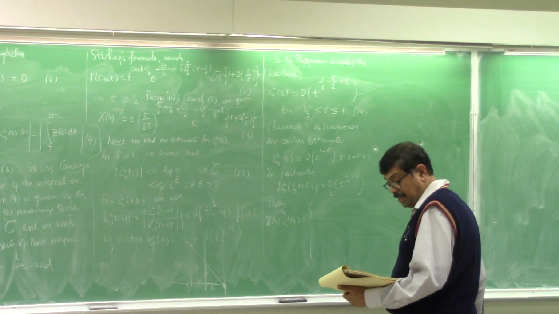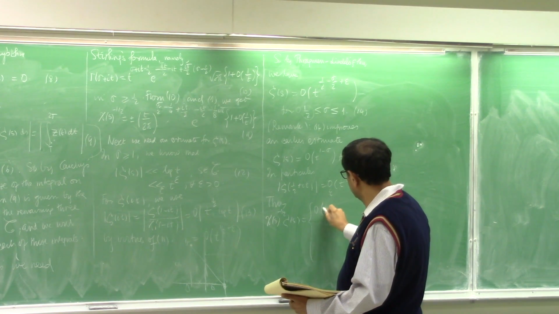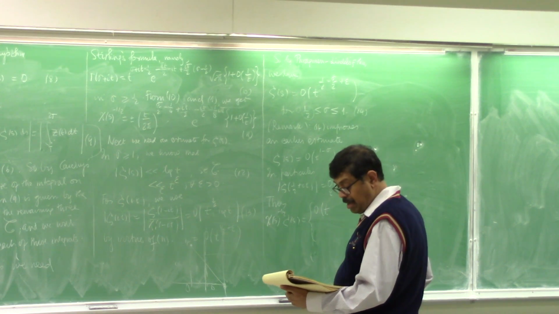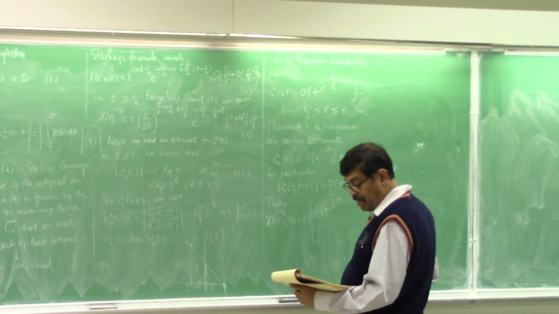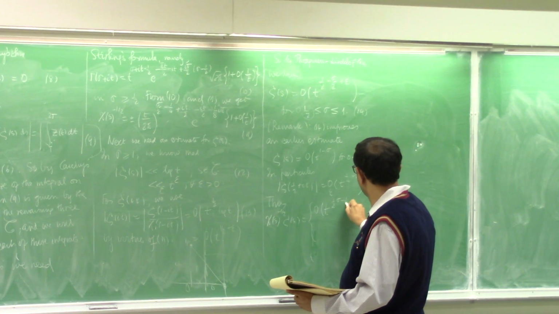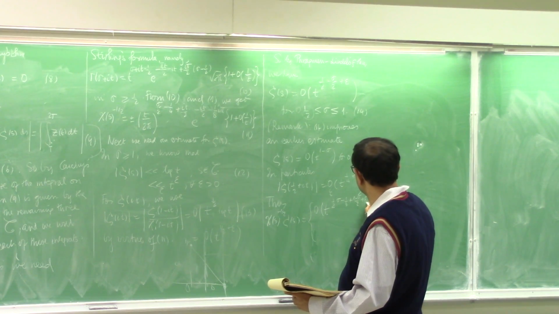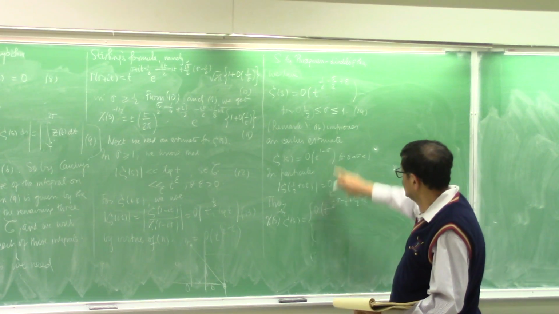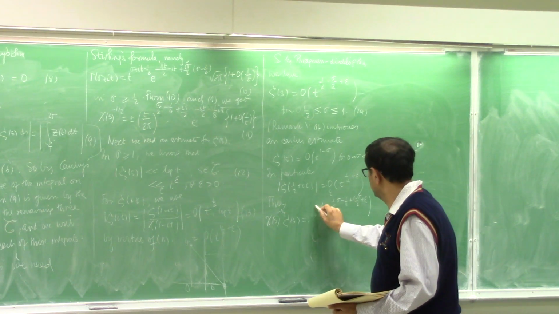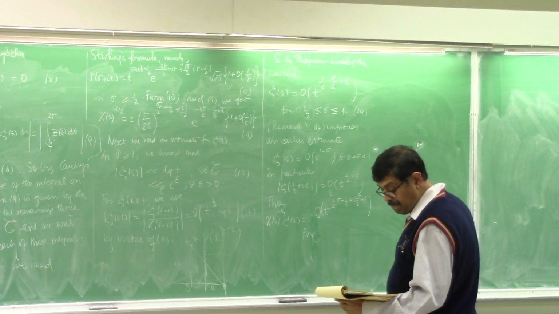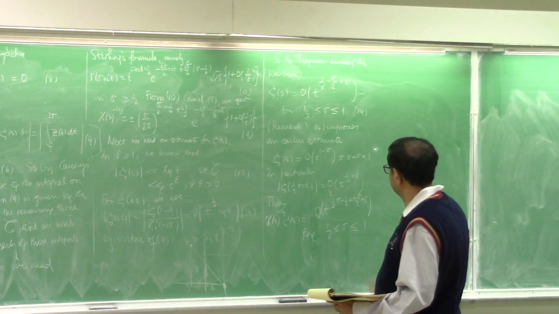So if I put everything together, I get capital O of t to the power 1/2 sigma minus 1/4 plus 1 minus sigma over 2 plus epsilon. That's what I get, right? I get this for half less than or equal to sigma less than or equal to 1.